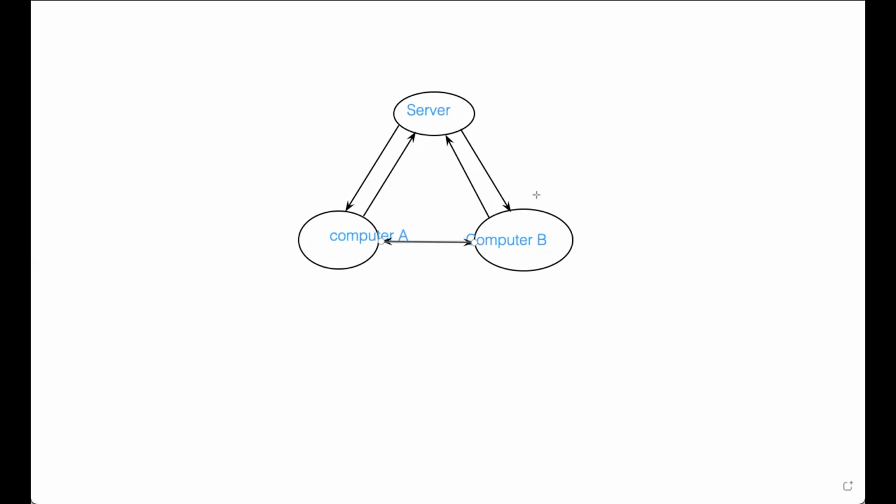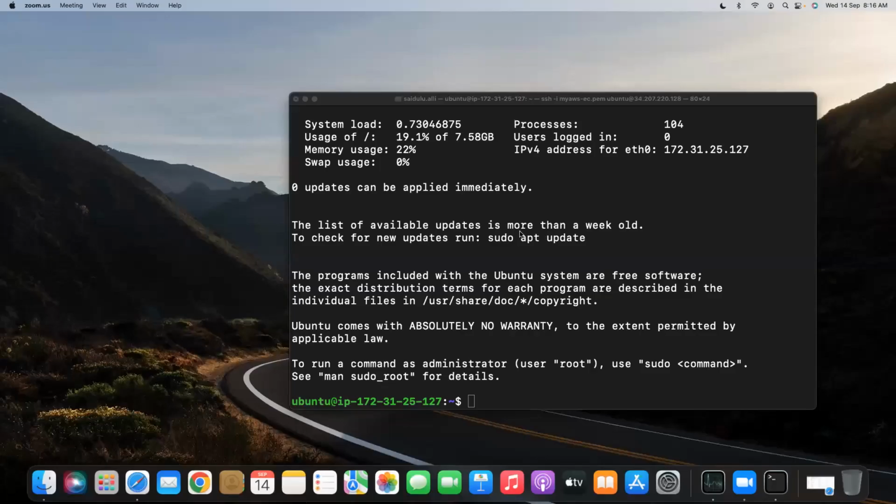Okay, so for this topic, we need to have a Git repository or some other remote repository, right? As far as till now, we are only working on the local computer.